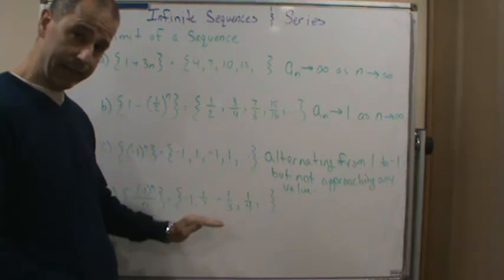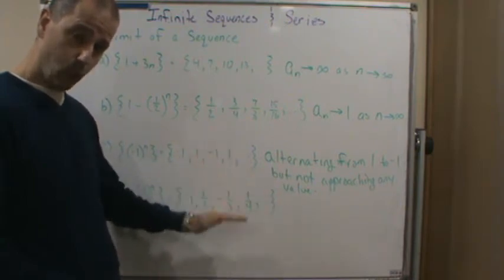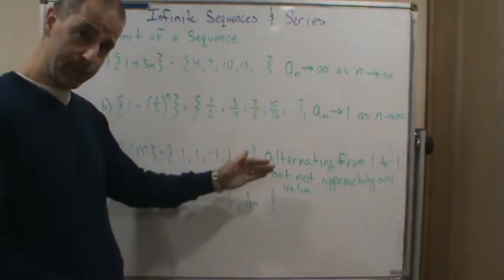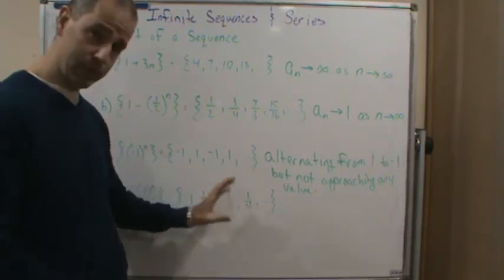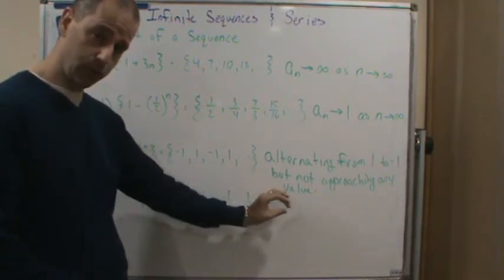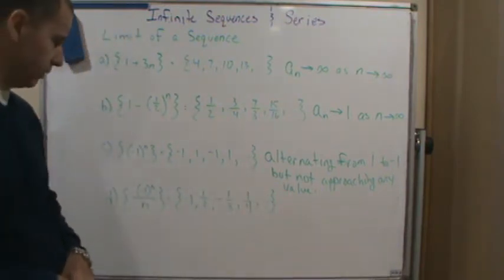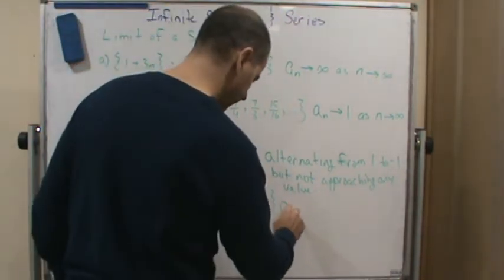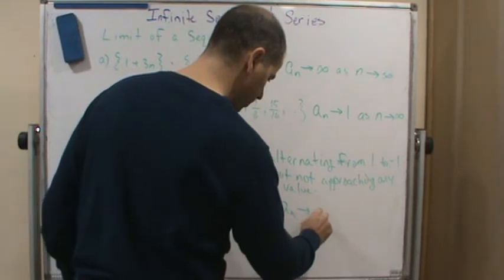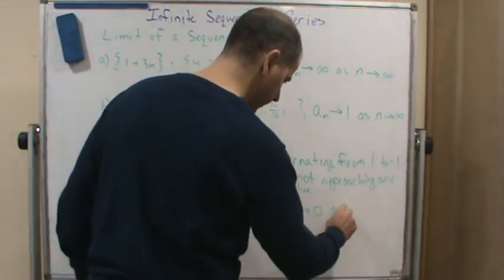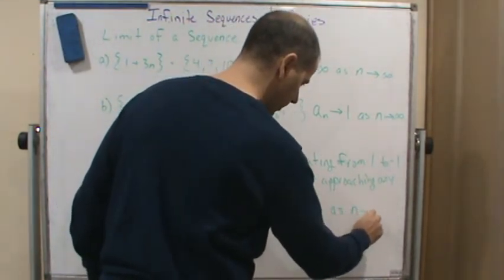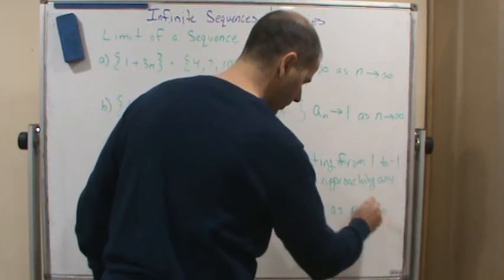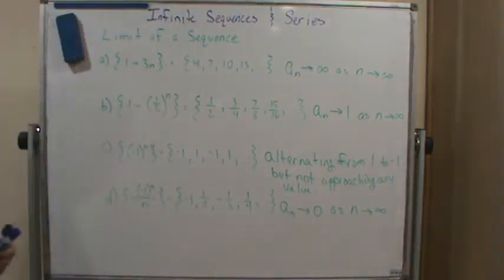So we're alternating on opposite sides of 0, but the numbers themselves are getting closer and closer to 0. In this case we would say that a sub n approaches 0 as n approaches positive infinity.